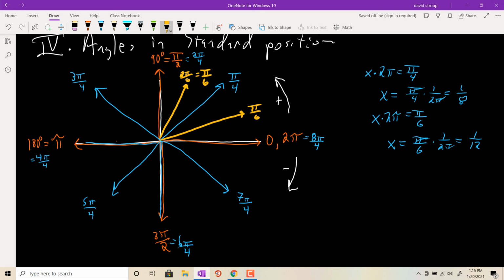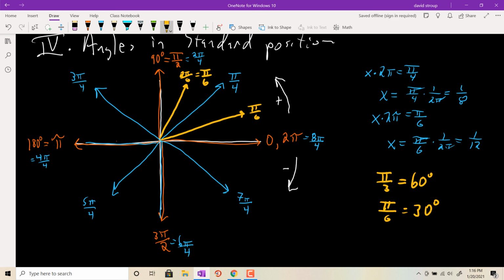If you're more of a degrees person, I'm hoping to push you more towards radians, but if you are stuck in degree mode, pi over 3 radians will be 60 degrees, and pi over 6 radians will be 30 degrees. Okay, just in case you're worried about that.